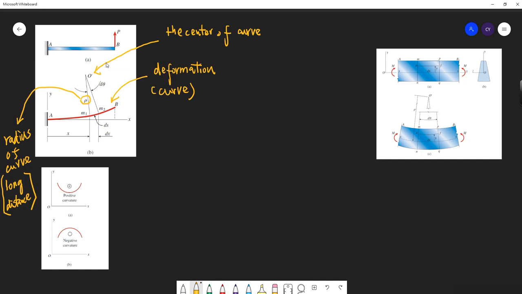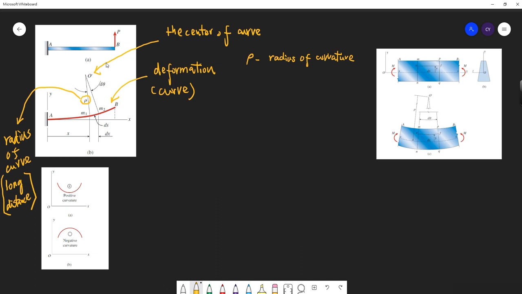And we start from the, we need to define some special character. It's a rho, equal to the radius of curvature, because it is a curve.